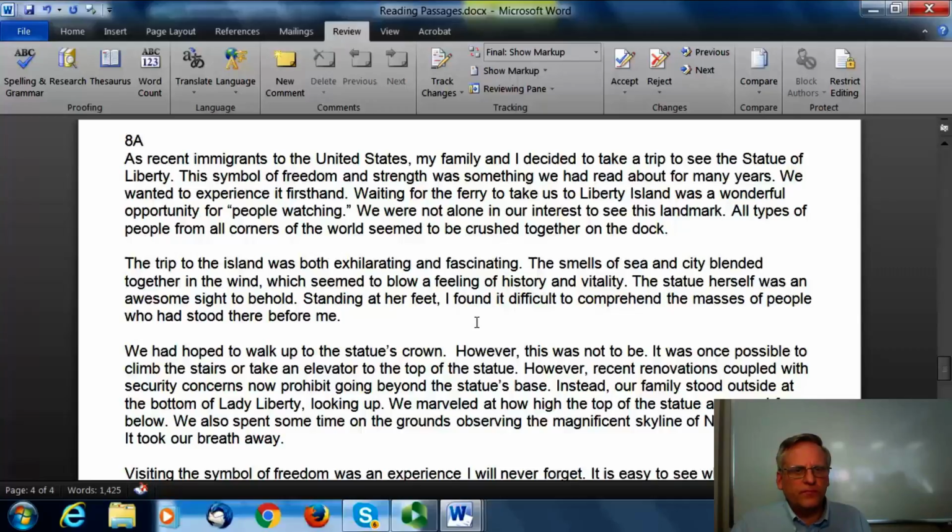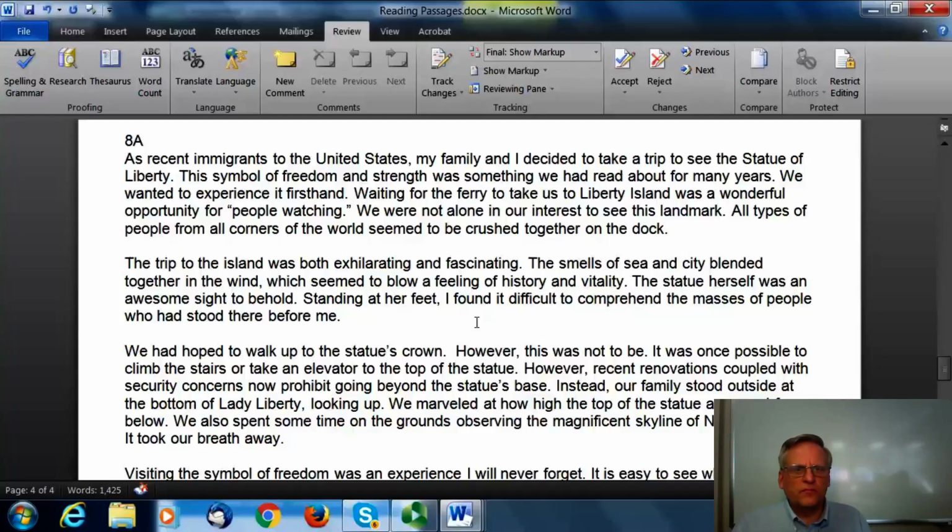As recent immigrants to the United States, my family and I decided to take a trip to see the Statue of Liberty, the symbol of freedom and strength was something we had read about for many years.